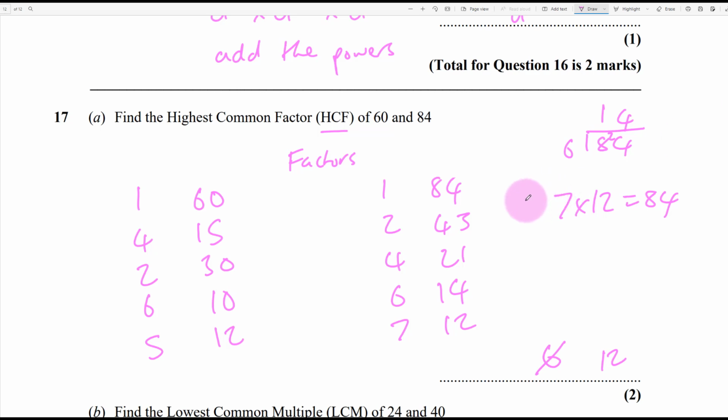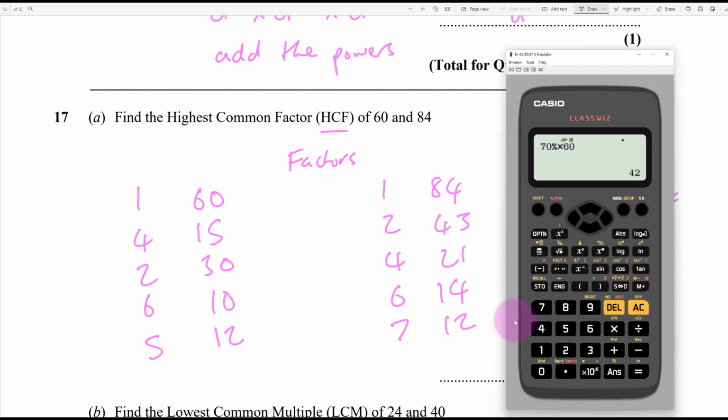Now, there's another way to do this, which is the Venn diagram method, and actually it's a calculator paper. So if you press 60 equals, and then there's a button, it should be shift, and you can see this word fact, it gives you that as factors.